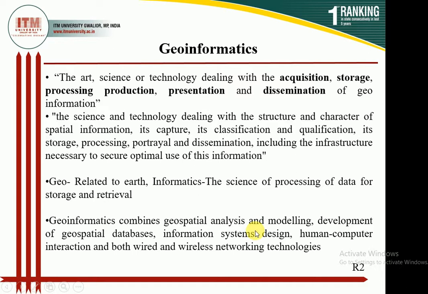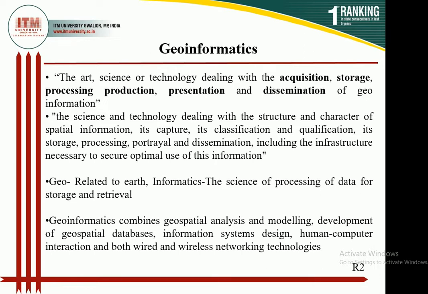Second one is that it is a science and technology which deals with the structure and character of spatial information. It considers which type of structure or features are present on the land surface and what the basic characteristics of that land surface are. That information is needed when we talk about geoinformatics.